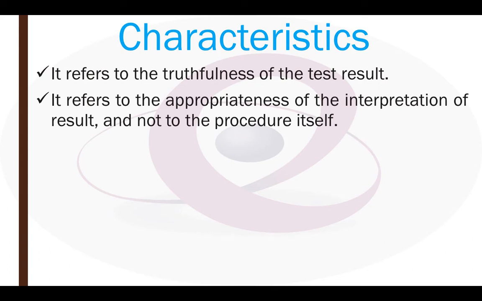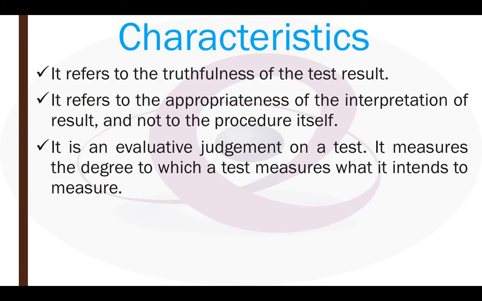The validity refers to the appropriateness of the interpretation of the results and not to the procedure itself. We say if a test is valid, it is reliable. But if a test is reliable, it may or may not be valid. It is an evaluative judgment on the test.